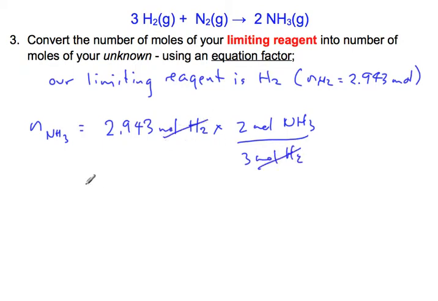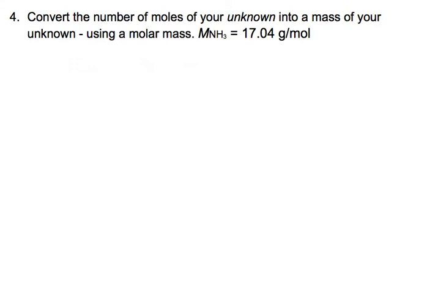Hydrogen divides out, and the molar amount of ammonia is 1.962 moles. So now we have our molar amount of ammonia. So 1.962 moles of ammonia, and from that we can very easily determine the mass of ammonia.